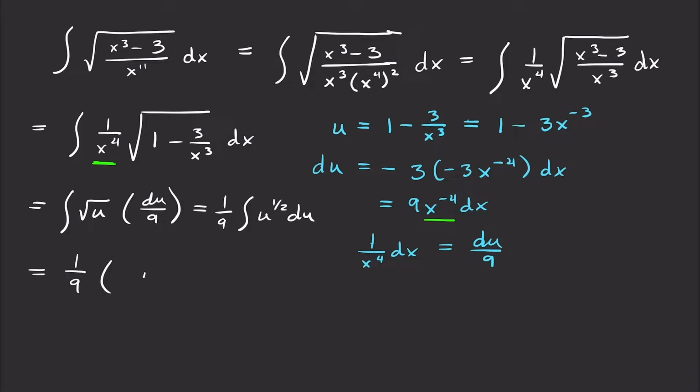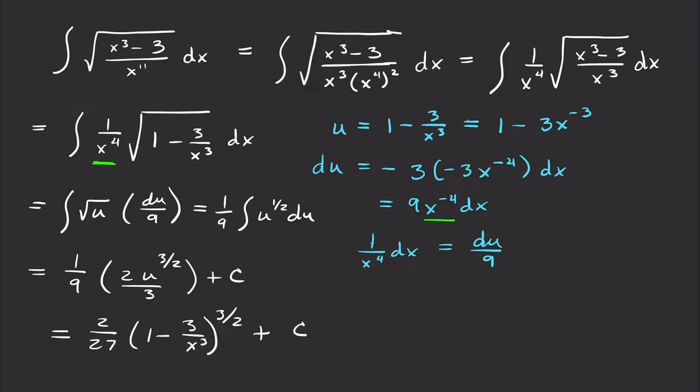And then this is going to be u to the 3/2 times 2/3 plus c. And if we substitute back in, first we need to multiply. We get 2 over 27. And our u will become, what is our u? 1 minus 3 over x cubed, all raised to the 3/2 power, plus c.